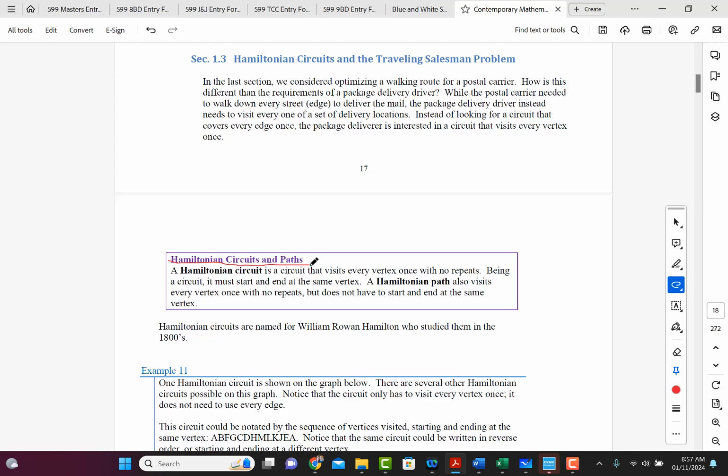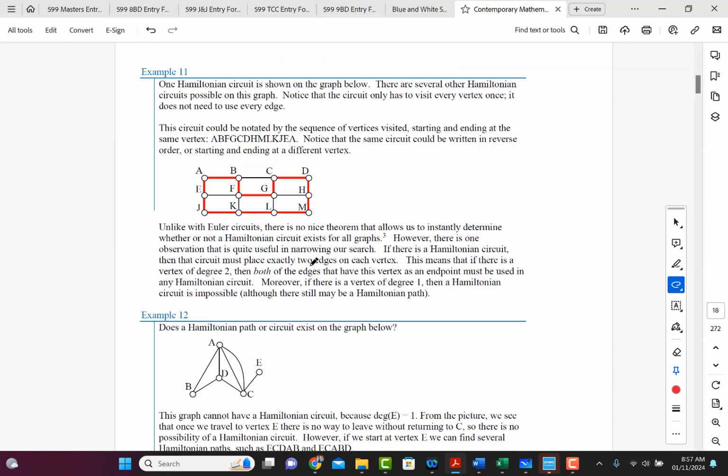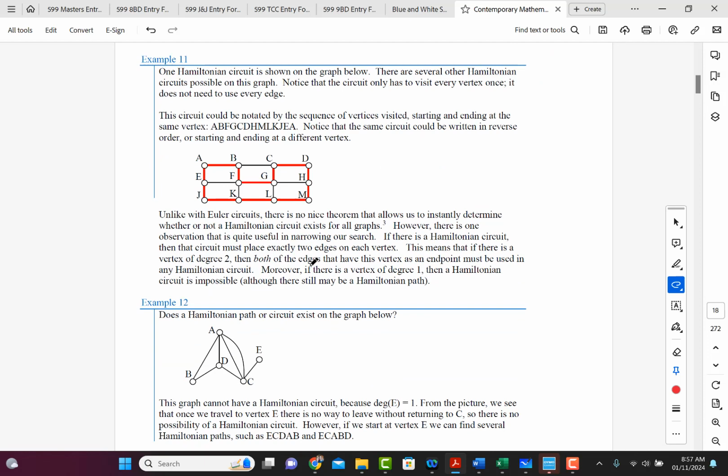So let's look at example 11. It says one Hamiltonian circuit is shown in the graph below. There are several other Hamiltonian circuits possible on this graph. Notice that the circuit only has to visit every vertex once. It does not need to use every edge, but it has to go to each vertex once.